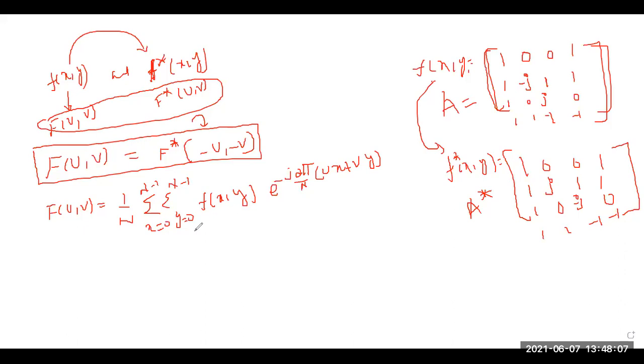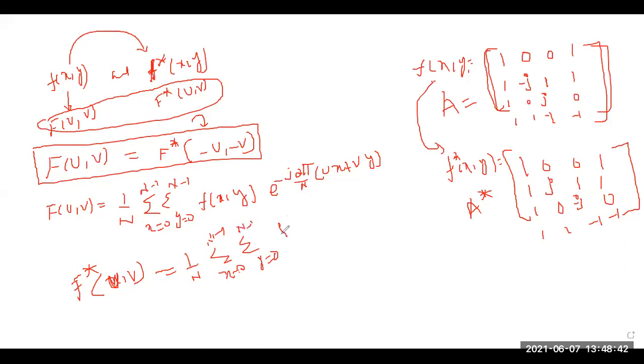Now suppose I apply the complex conjugate property to it. Now f star of uv will be equal to 1 upon n, summation of x equal to 0 to n minus 1 and summation of y equal to 0 to n minus 1.